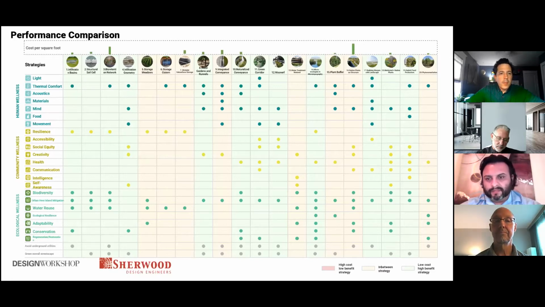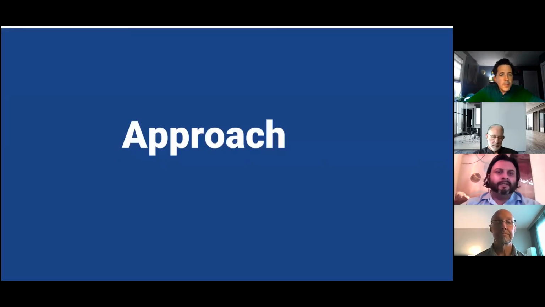What different performance factors mean to the different approaches, and these are going to vary from site to site depending on, one, the goals of the project, the design vision, as well as the overarching goals that the client or owner might have for their building or campus.